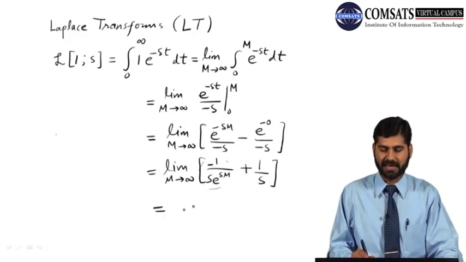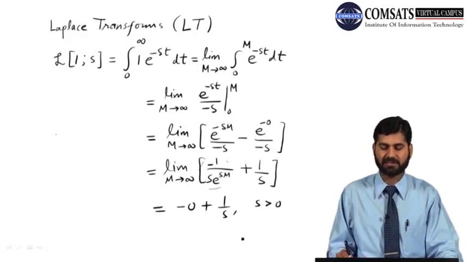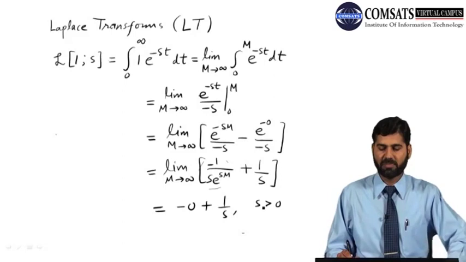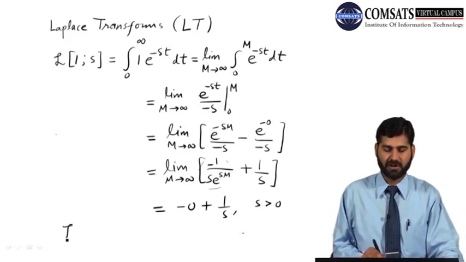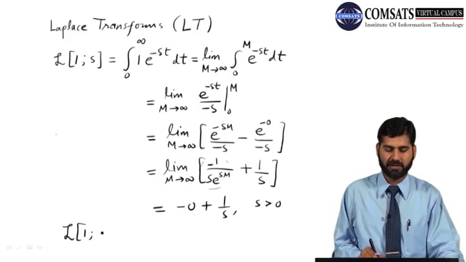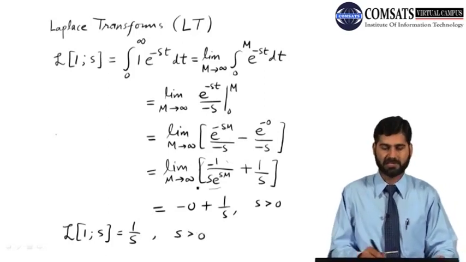So the right hand side exists, and the limit is 0 plus 1 over s if s is positive. So for only positive values of s, this will happen. So your Laplace transform of 1 is 1 over s, and it is defined for positive values of s. So this is the Laplace transform of 1.